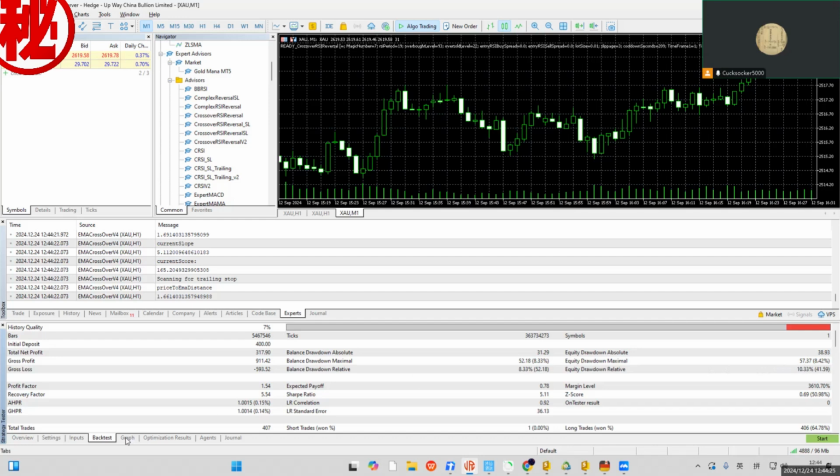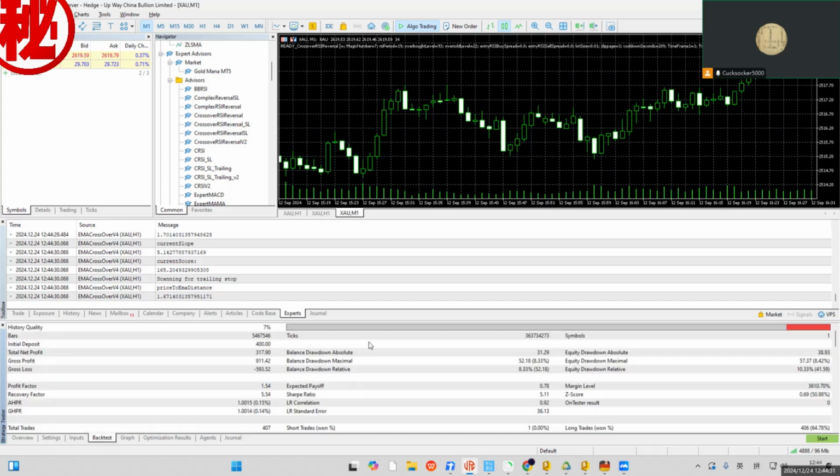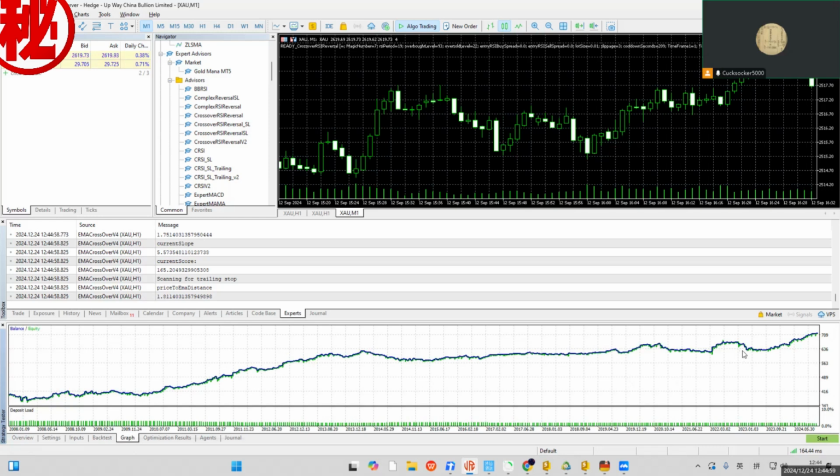In a real account, it might be 60%. But given that the history quality is bad, I figured it's worth sharing the entirety of the code. Let's see. Okay, we have 100% from 2023 to 2014, but before 2023 it was actually bad. Pretty bad history quality.